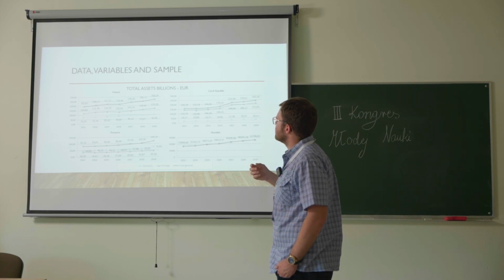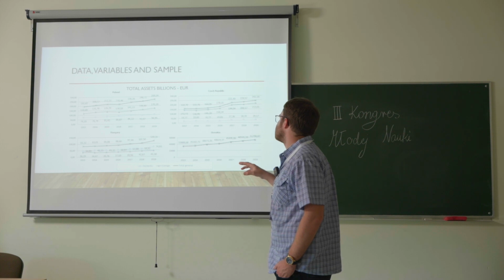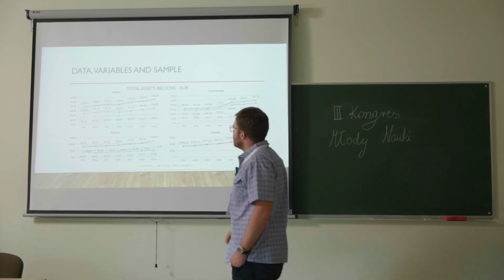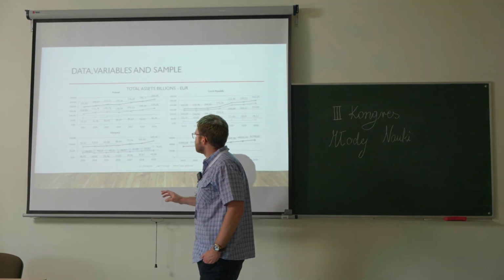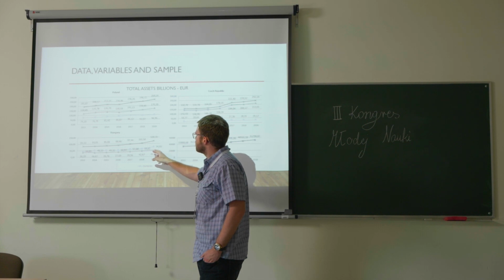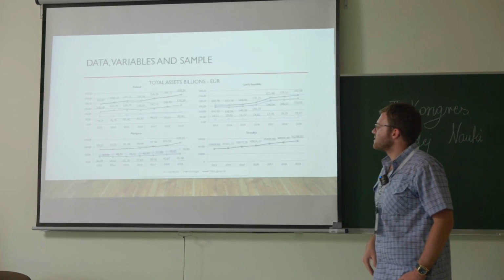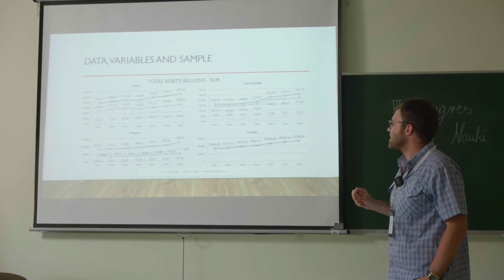But the most reliable growth was by the foreign banks. The opposite tendency was in Hungary. We can see that the total assets of domestic banks rose from 59 billion euro to 74. And for foreign banks, the growth was more reduced.